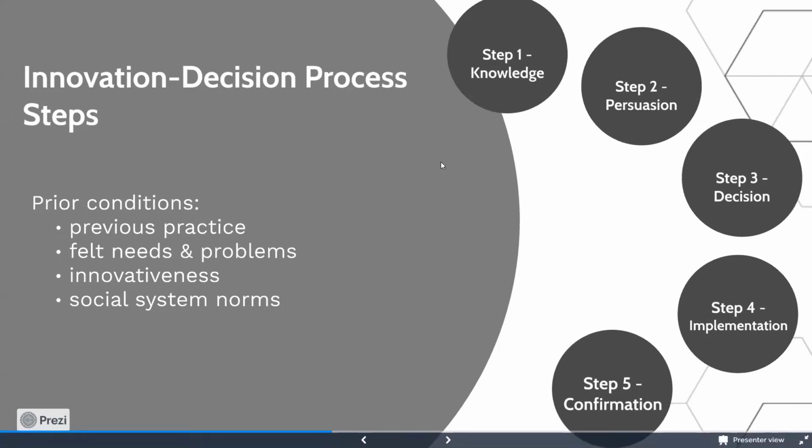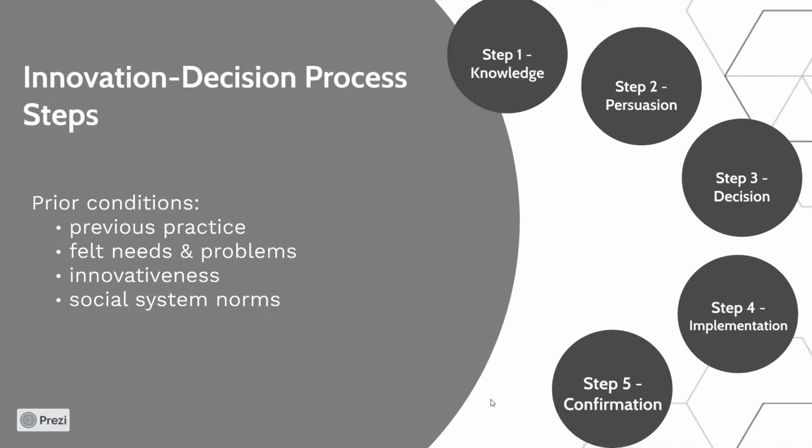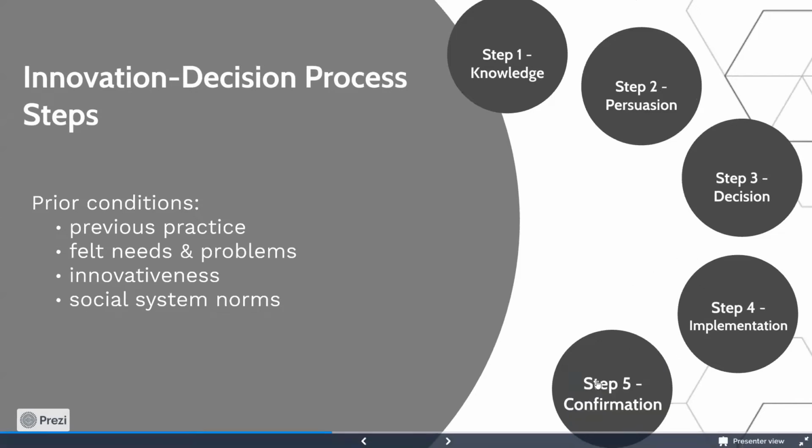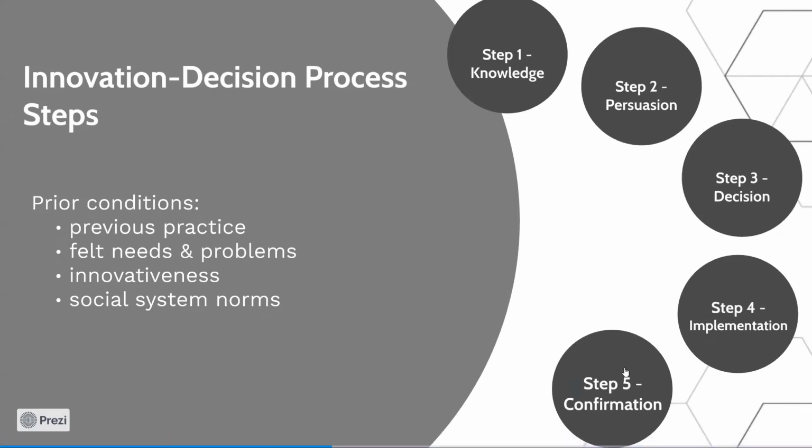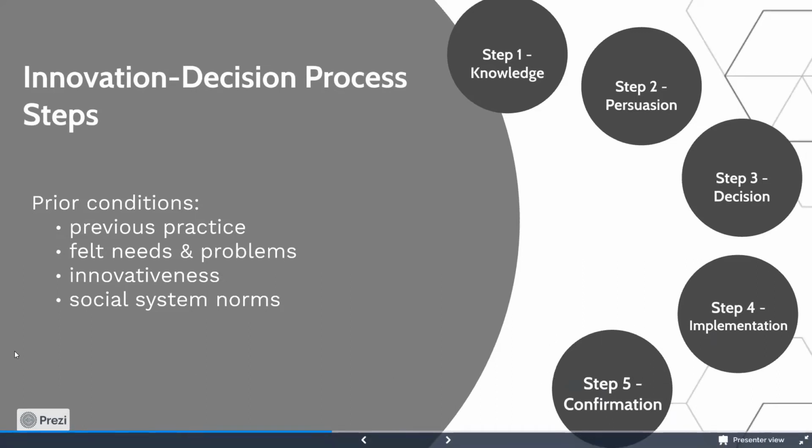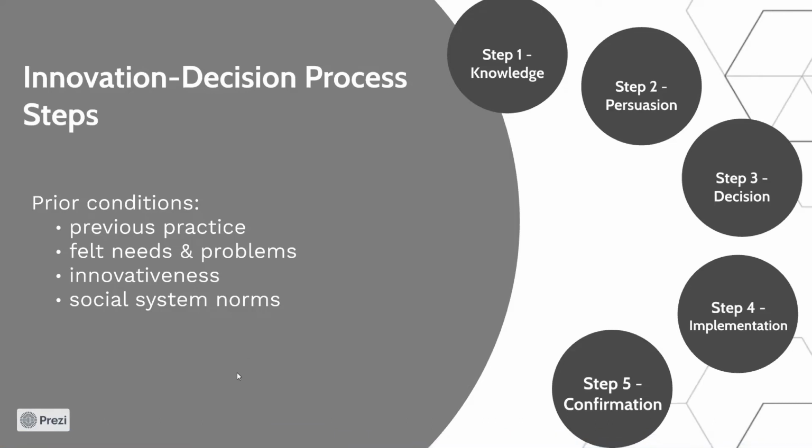For example, if I draw out my time window 2 years from now, I might not have reached step 5 confirmation. I may still go back to evaluating the relative costs and benefits of an innovation and change my mind after all in step 5 confirmation. So that's one of the things that makes research around this process a little challenging.